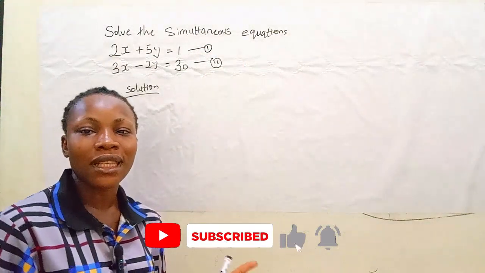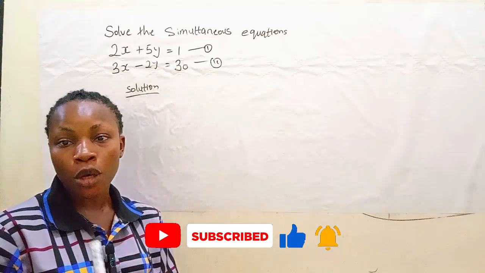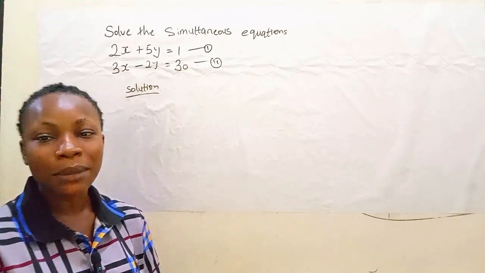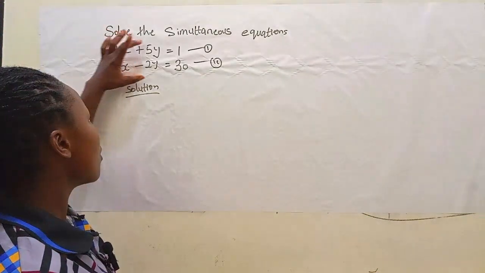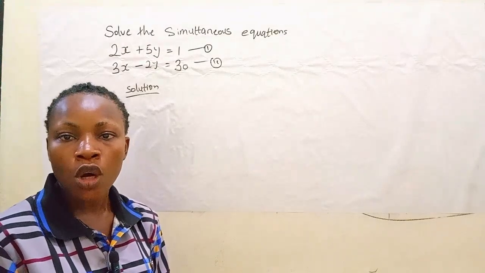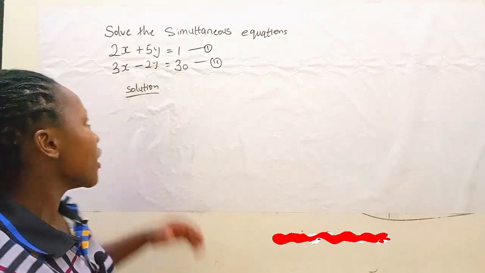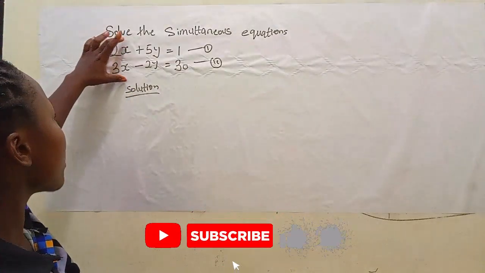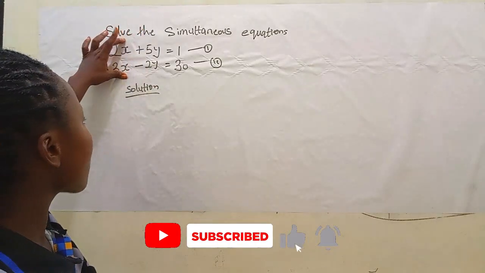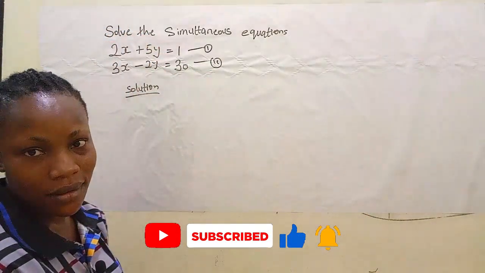After the naming, the next thing is, since we are using the elimination method, we are to eliminate either x or y by adding the two equations or by subtracting the two equations. Now, if you watch, once we add these two equations, are we going to eliminate either x or y?